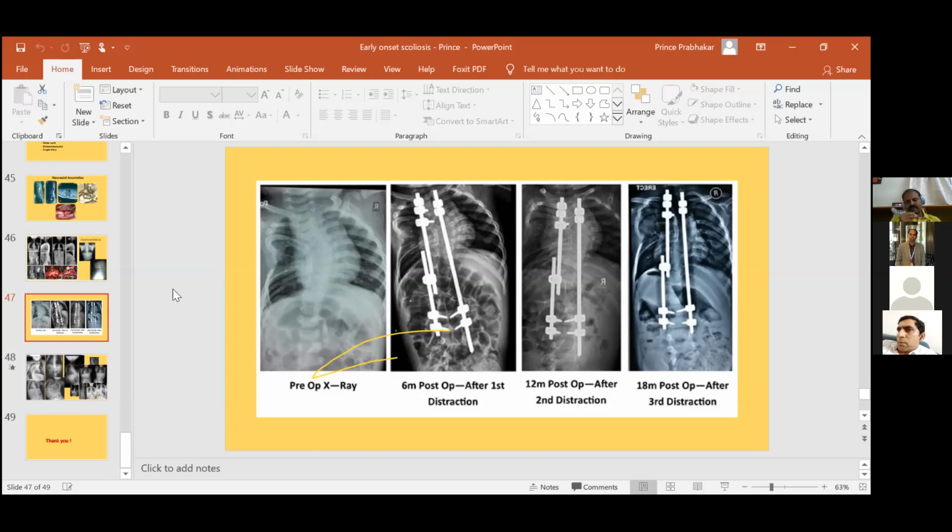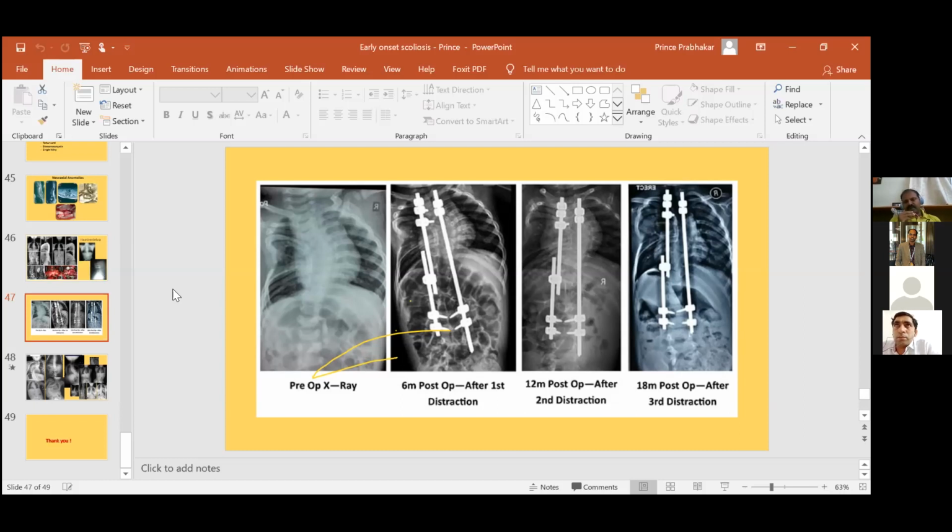To put the anchor points, you need some good bone stock there. If it is a congenital variety where the ribs are fused and you're not able to get correction with cast, then as early as 2 years you may have to do surgery.